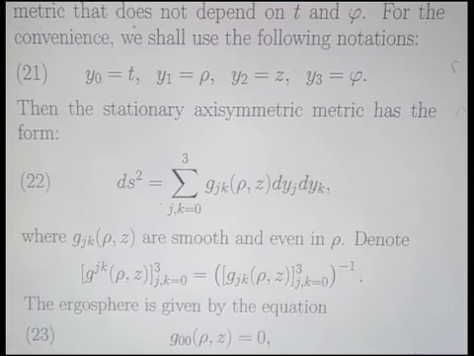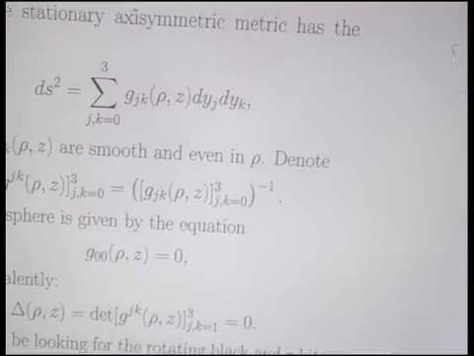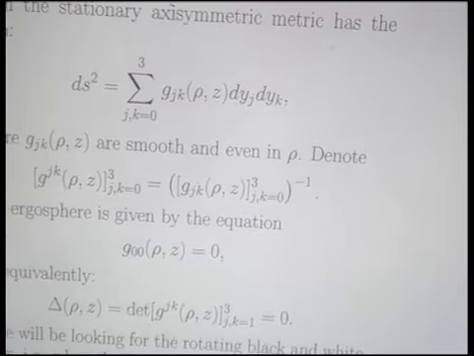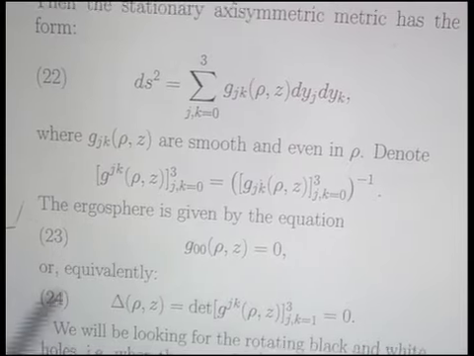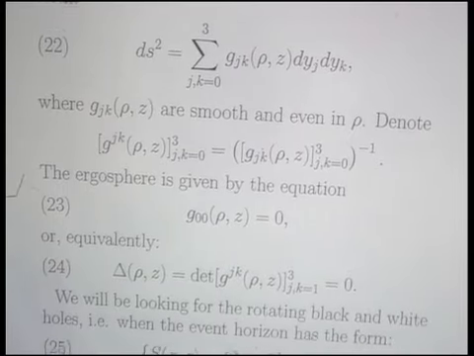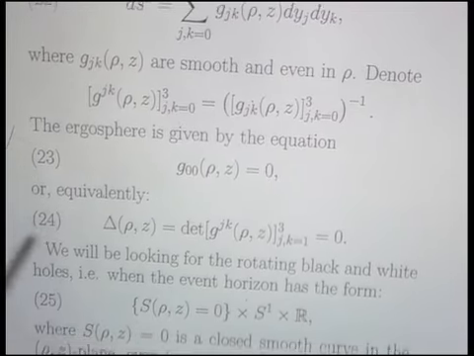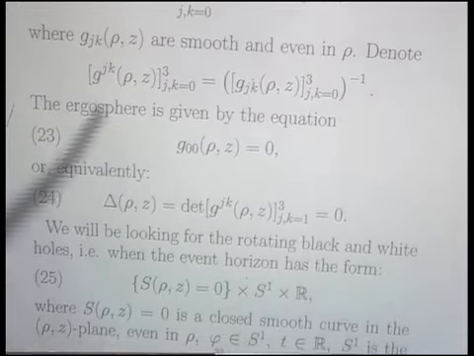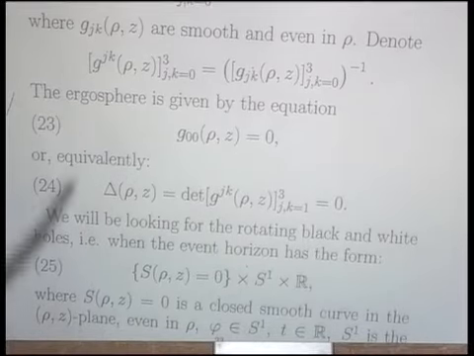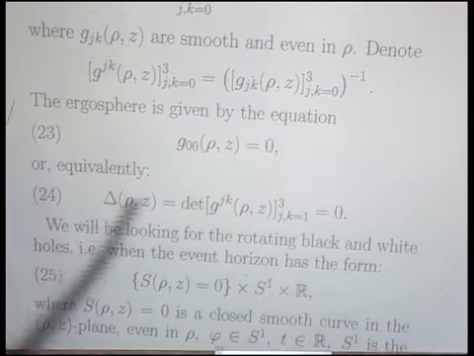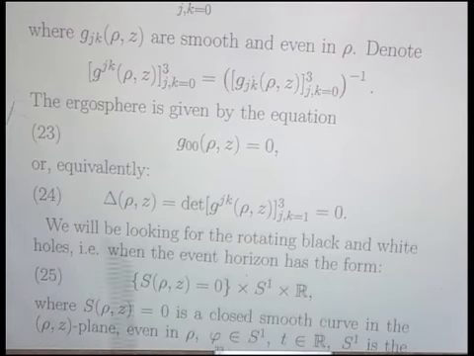Now, if you obtain some event horizon, say S, it does not depend on phi. So the event horizon in four-dimensional space will be S equal to 0 cross S1, where S1 is the unit circle where phi is changing. If you drop time, you have a toroid.